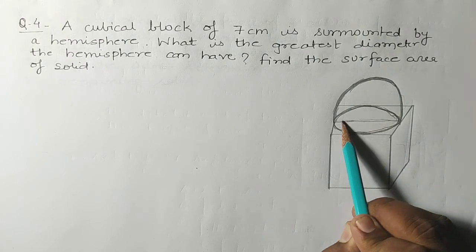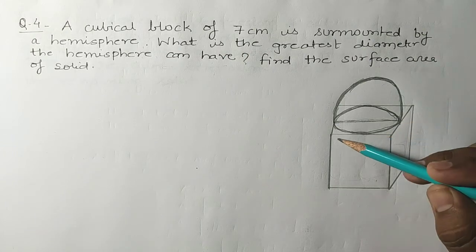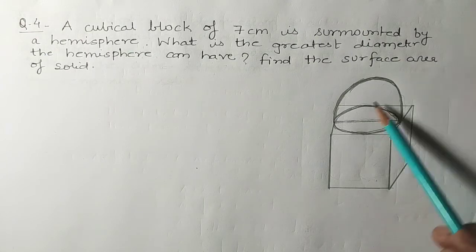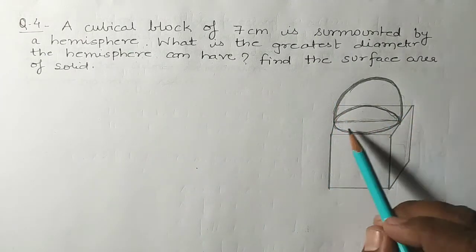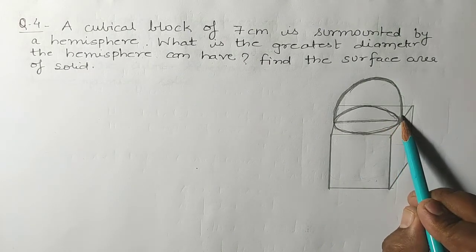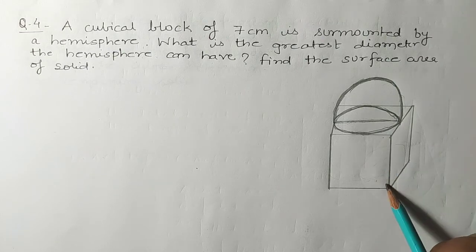So the maximum diameter this hemisphere can have will be equal to the edge of the cube. If someone asks what greatest diameter this hemisphere can have, you can say it will be equal to the edge of this cube.